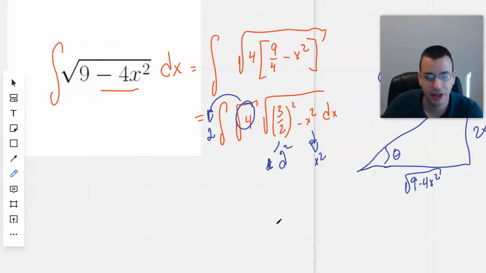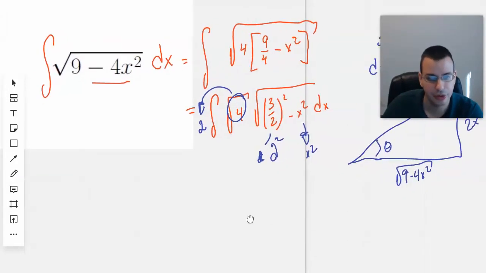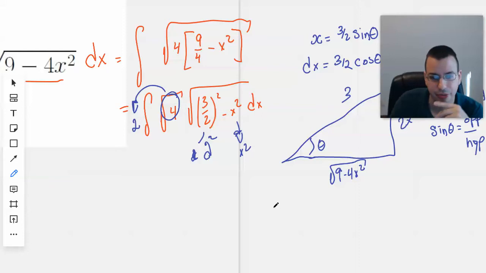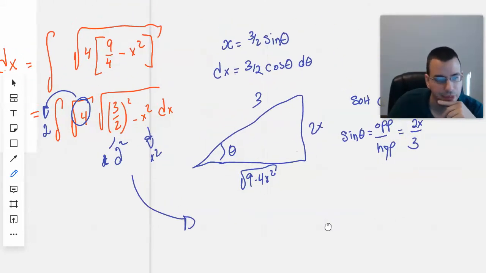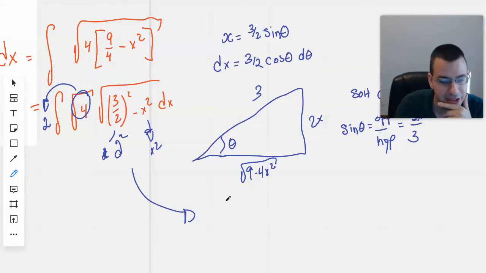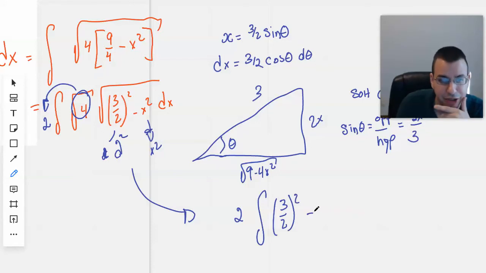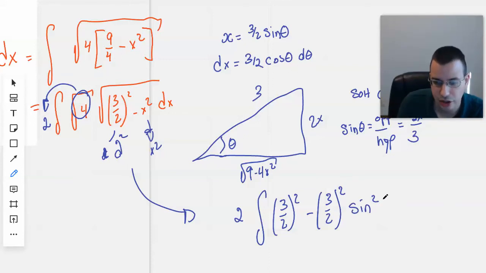So now, let's dive a little bit more into this. I'm going to bring this down here, just to give us a little more room and better manage the real estate. So we'll have 2 times the integral of 3/2 squared minus, and this part is going to be 3/2 squared as well, because we are now substituting in sine squared of theta.